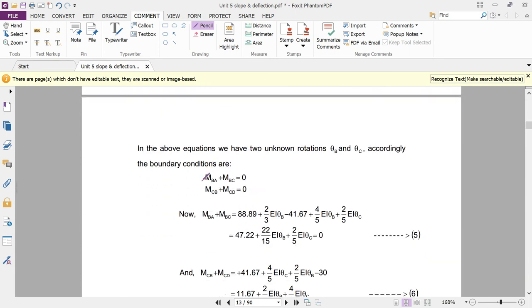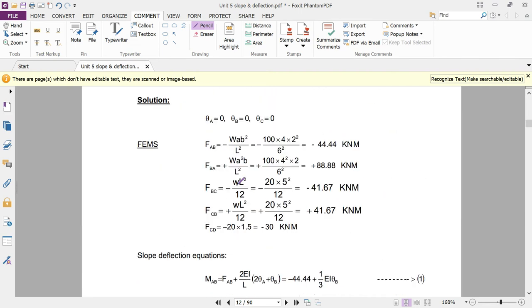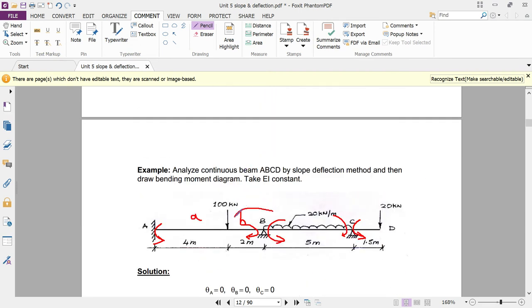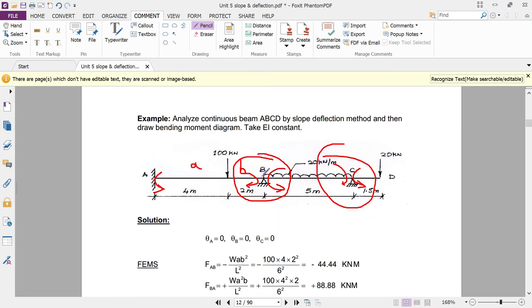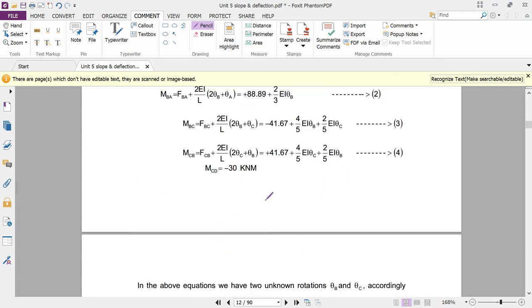Why will this boundary condition be formed? Because at each joint, the summation of moments takes place. So we write at joint B, M of BA plus M of BC, and here also at joint C, M of CB plus M of CD. This is the equilibrium condition.